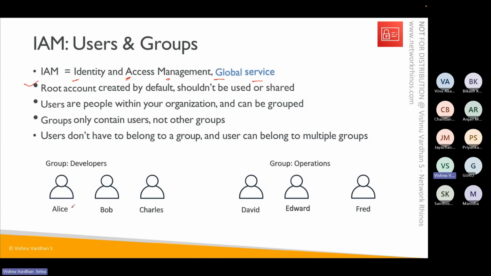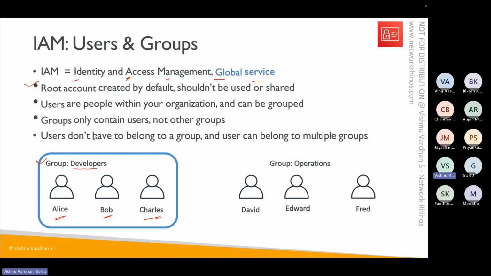Now imagine that I have a company. In my company, I have Alice, Bob, and Charles, and they are working as developers. So I'll create IAM usernames as Alice, Bob, and Charles, and I'll group them as developers. Why are we grouping?